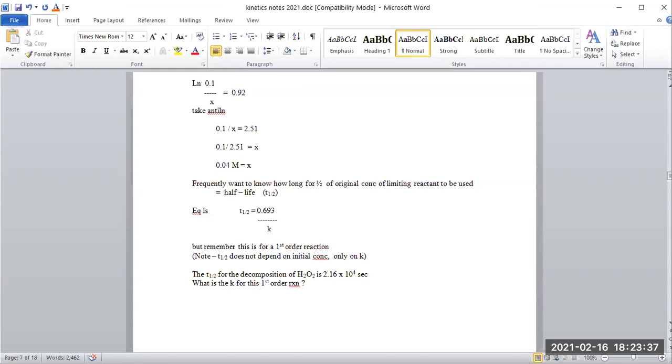Okay. This is also used extensively in medication. If you read the back of your Advil bottle and it says take 2 tablets every 6 hours, well, why wouldn't you take it every hour? You might think that would be better. Well, the idea is that you want a certain amount of it to be processed out of your system before you take the next dose.